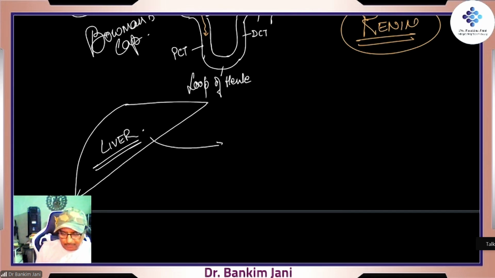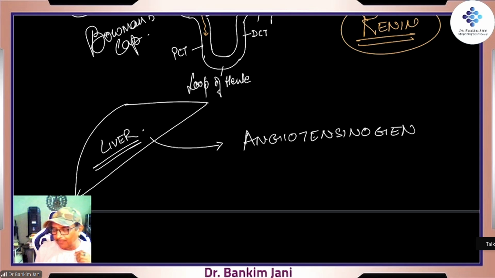The liver, without any hesitation, keeps on making what is called angiotensinogen. Wherever the word comes with "ogen", that means it is not active. This is released into the blood.